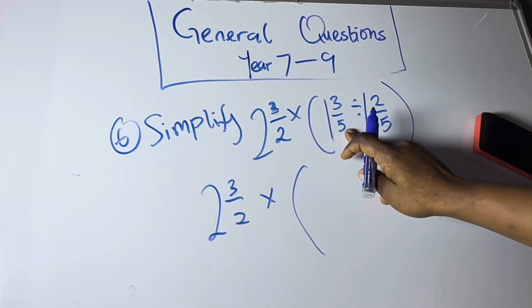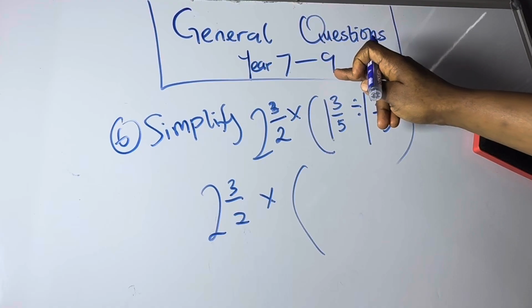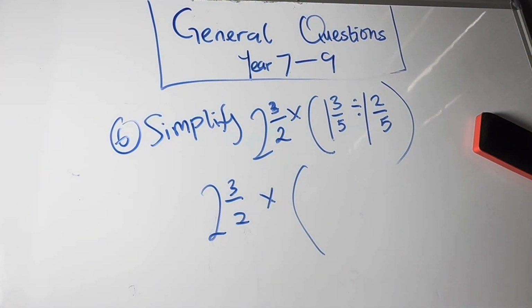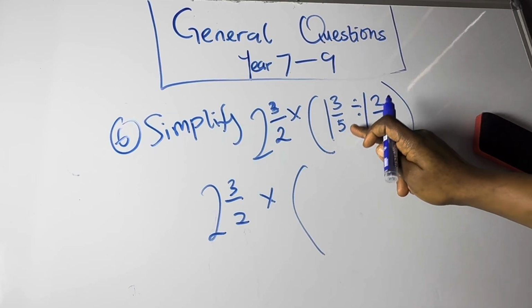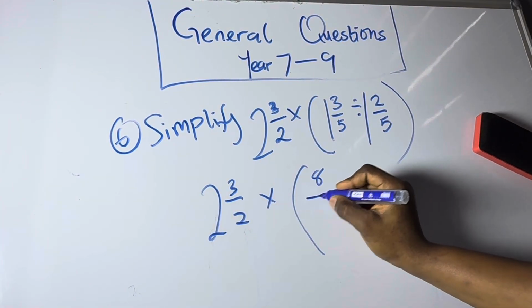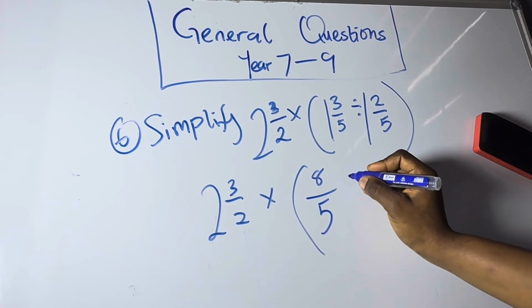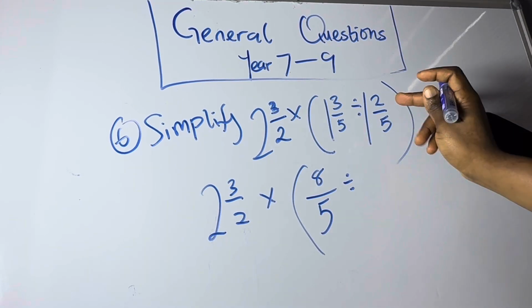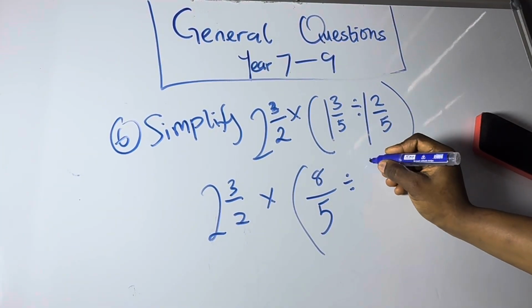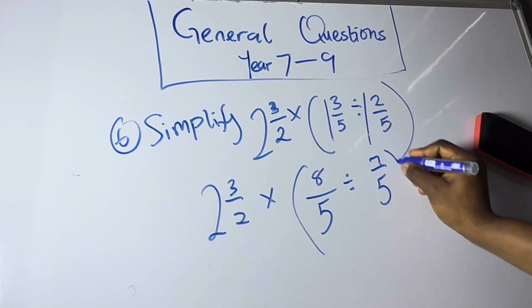Then whatever I get, I'm going to add it to the numerator that is up here. Now, 1 multiplied by 5 is 5. 5 plus 3, that's 8 over 5. Divided by 1 multiplied by 5 is 5. 5 plus 2 is 7 over 5.